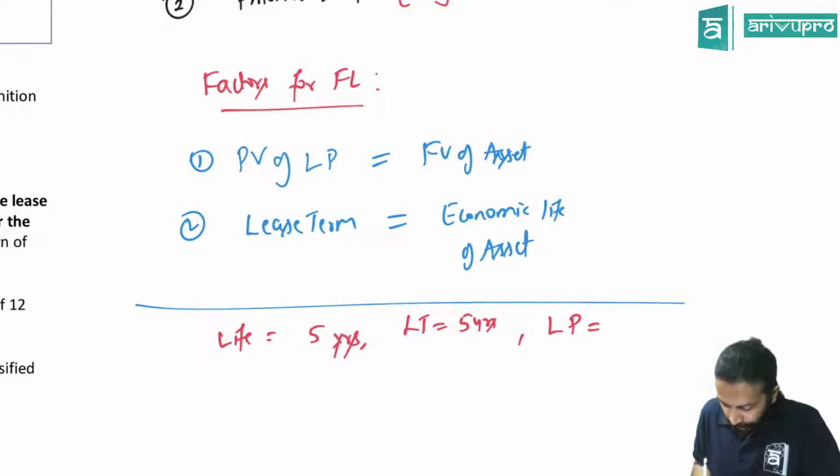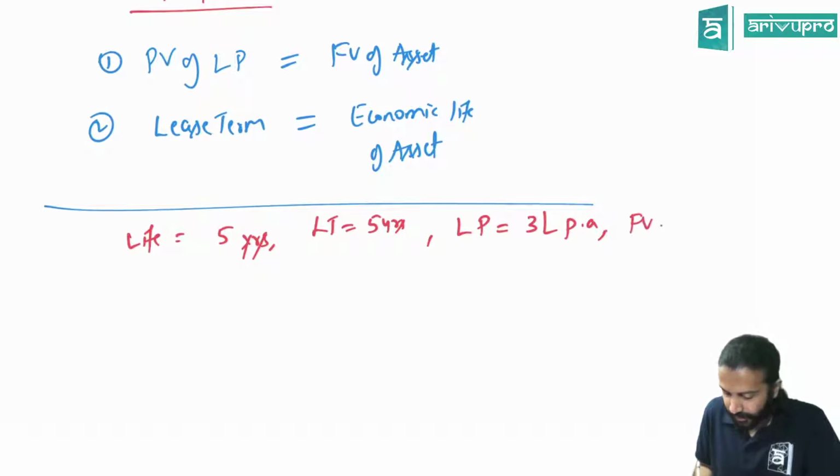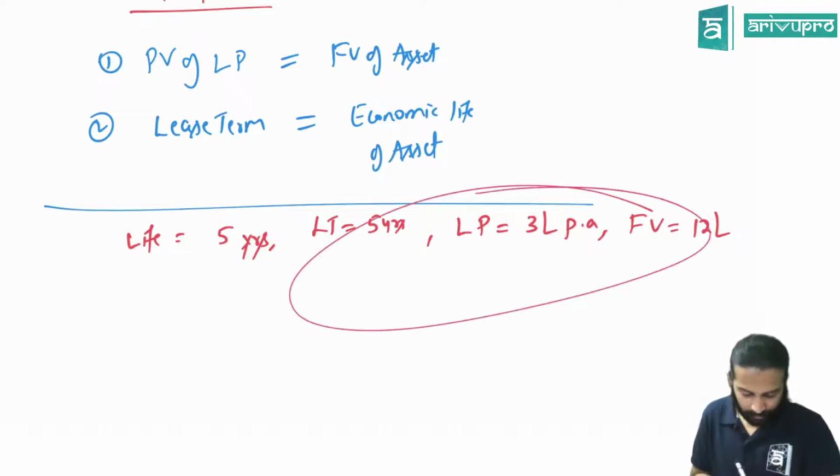Let's say lease payment is 3 lakh per annum. Are we okay? And the fair value of the asset is equal to, let's say, 12 lakh rupees. Are we okay with this? There's some data I've given you.